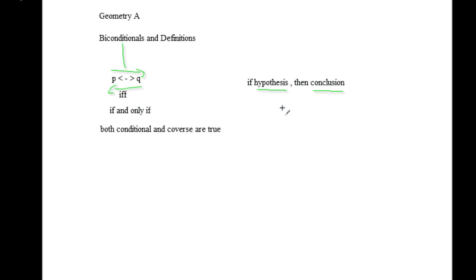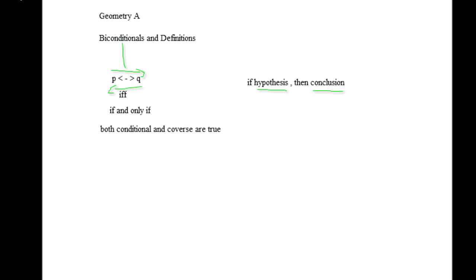In the conditional: if a ray is an angle bisector, then it is dividing an angle into two equal angle measurements. Then the converse, where you switch the hypothesis and the conclusion: if a ray divides an angle into two congruent angles, then it is an angle bisector. So you can say it that way and mix up a biconditional with an actual conditional.